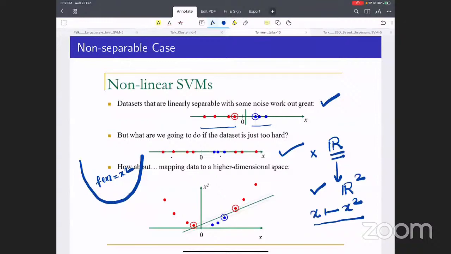So essentially, my idea is just to show that if the data is not linearly separable in one dimension, then it could be linearly separable in a higher dimension. It could be separable in 2 dimensions or 3 dimensions and more.